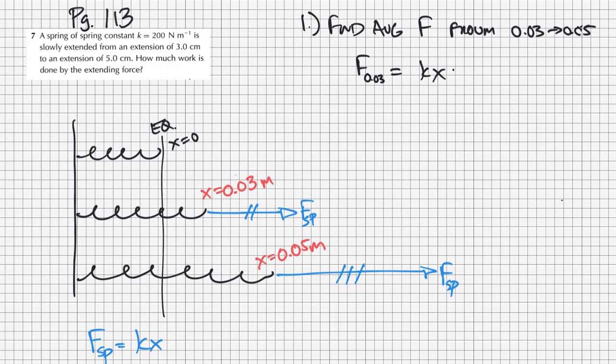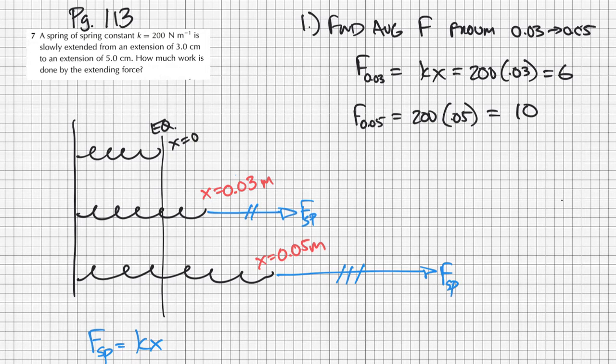Don't worry about the negative; negative just deals with direction. So that's 200 times 0.03, which gives me a force of 6. The force at 0.05 would be 200 times 0.05, which is 10.